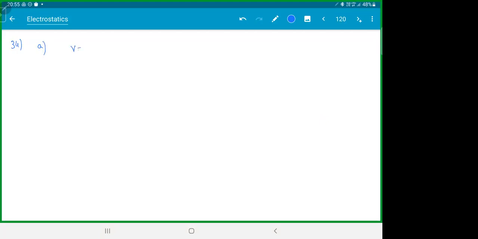Let's say someone gives you V is equal to x y square z cube. Find the electric field at the point 1, 1, 1. How to do this? Try this. So I gave you potential and I'm asking you for field.